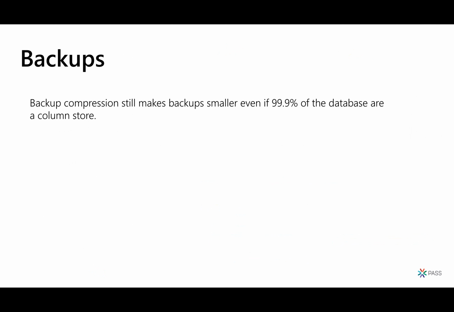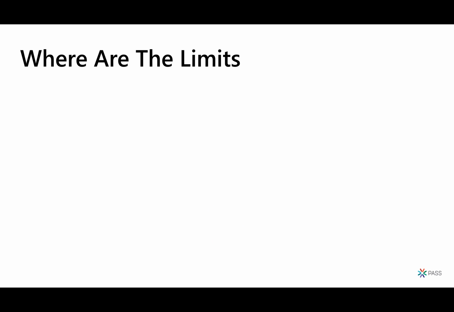We're like, turning on backup compression is not going to help us at all, is it? And the answer is yes, it is. It actually still makes the backup smaller by a significant amount. Yeah? So you're getting another 40% compression from the backups. And if you have, like in my case, 15 terabytes, saving 40% of that makes your backups way smaller.